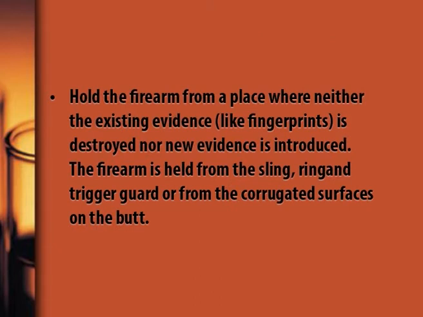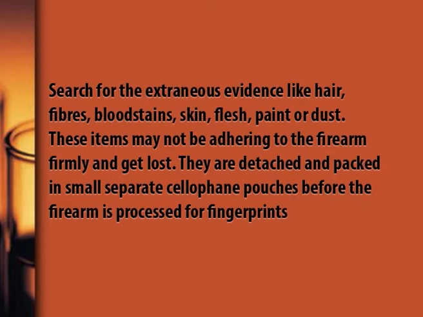Hold the firearm from a place where neither the existing evidence like fingerprints is destroyed nor new evidence is introduced. The firearm is held from the sling, ring and trigger guard or from the corrugated surfaces on the butt.